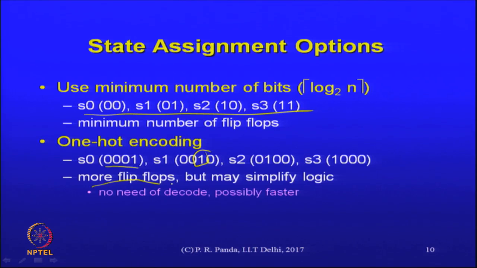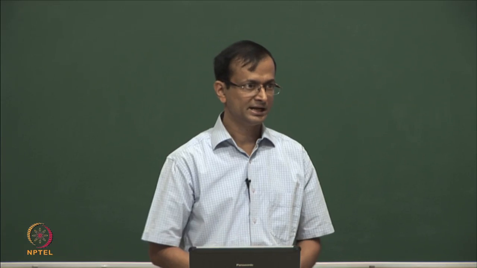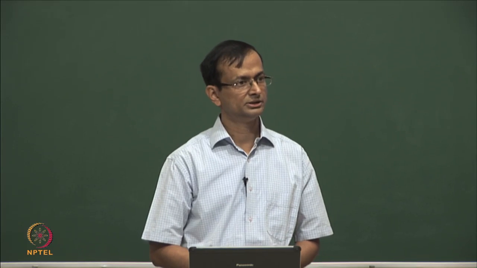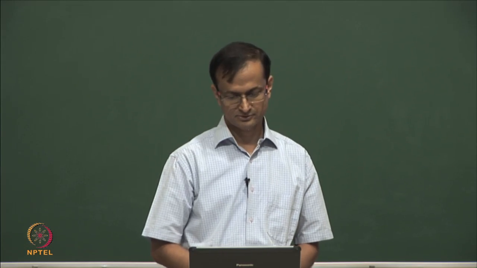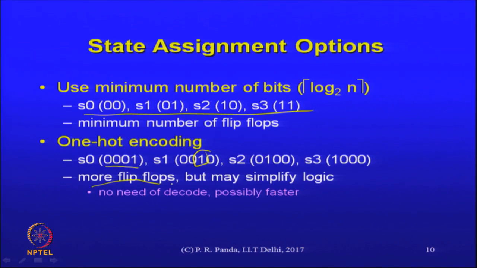The logic may not be as explicit as this, because of course you are sharing logic all the time, but conceptually this is the argument, that there is an explicit decoding that has already happened as part of the one hot encoding step. So, logic could be simplified, which means that the area could be lowered. For the logic part, the area of the flip flop has increased, but the logic could possibly be simplified.